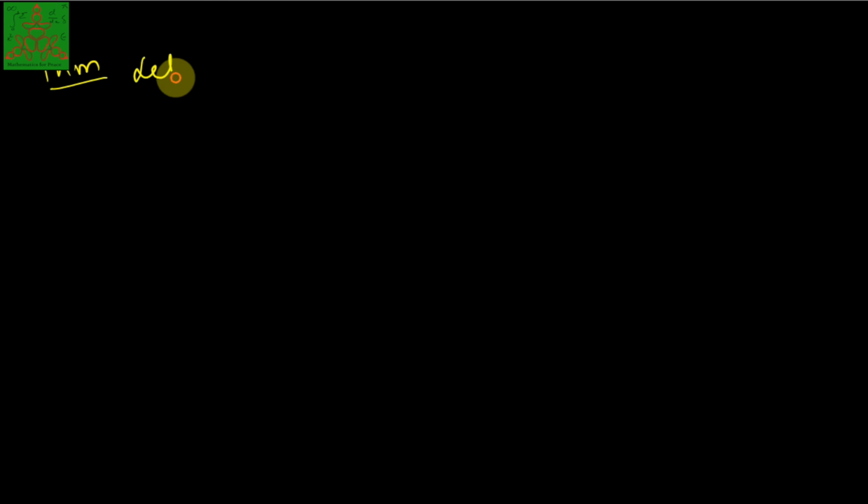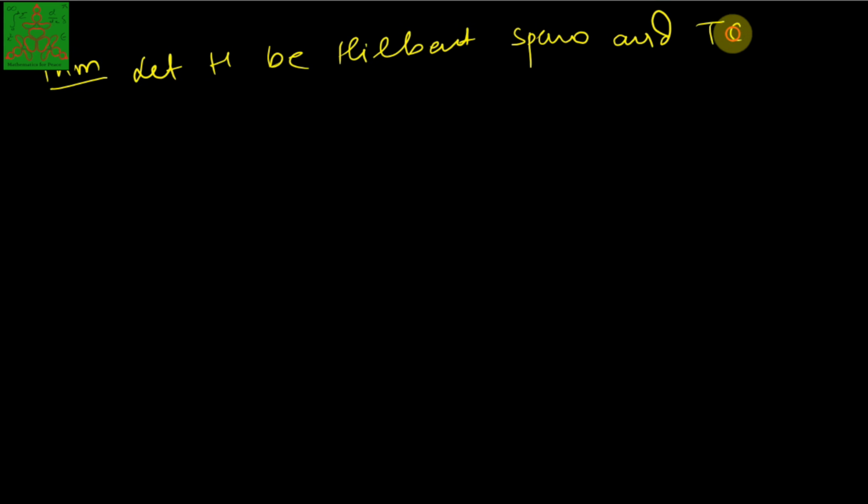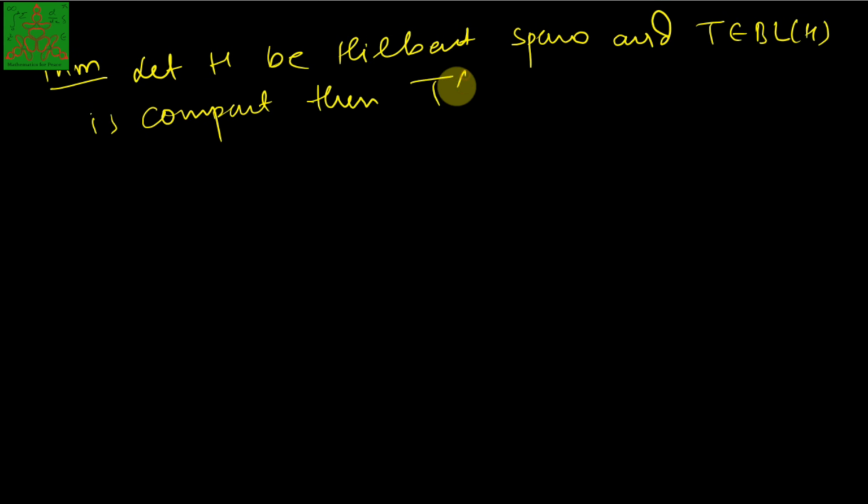The answer is true. It means that H is a Hilbert space, T belongs to BL of H is compact, then prove that T star is also compact.